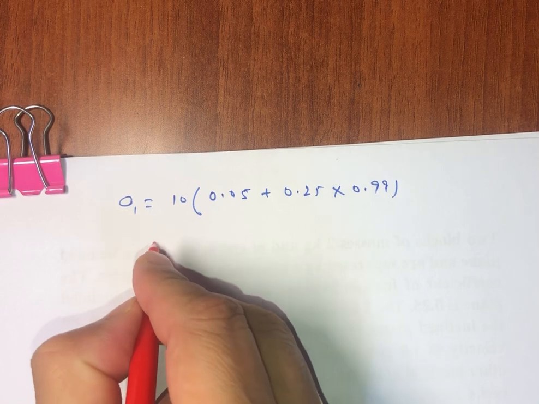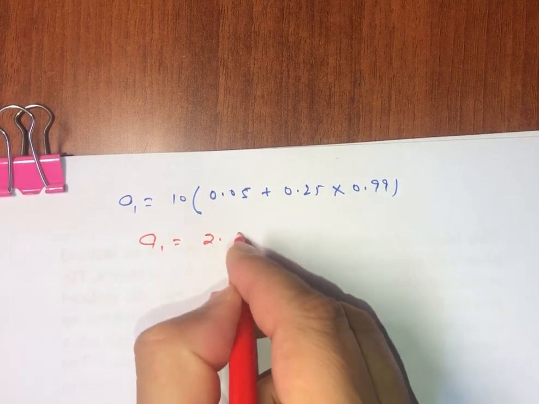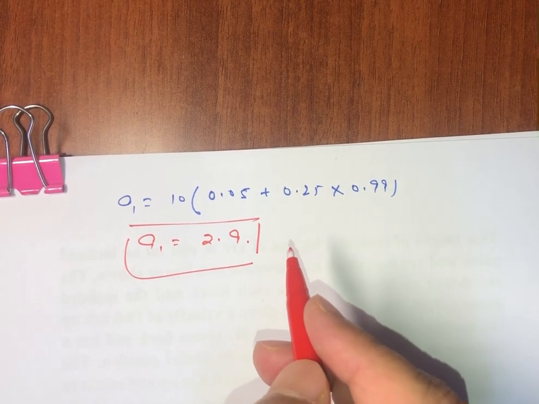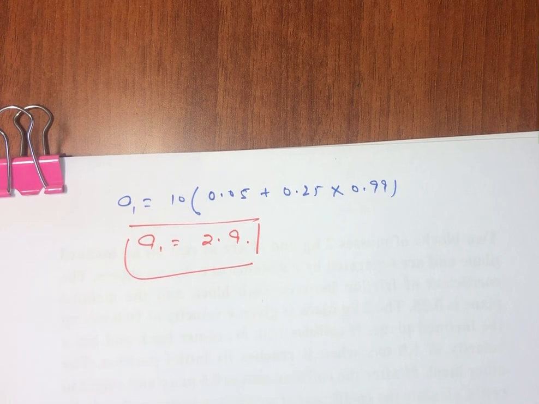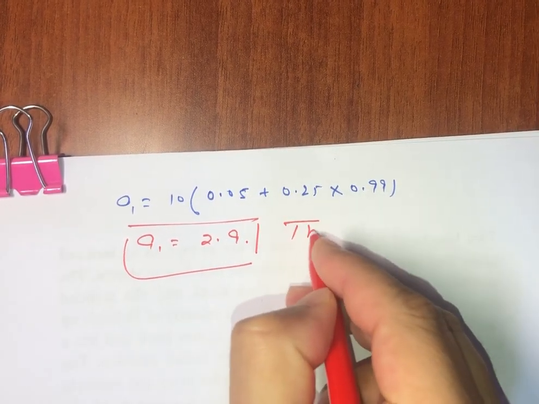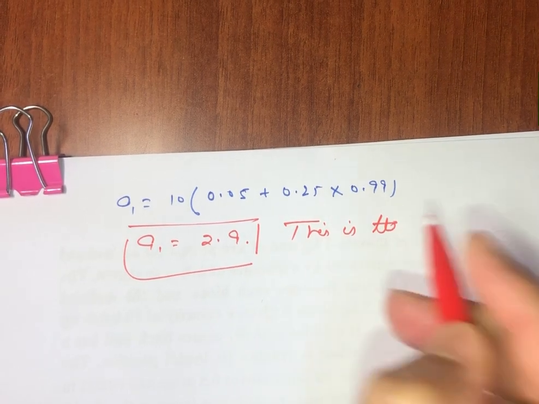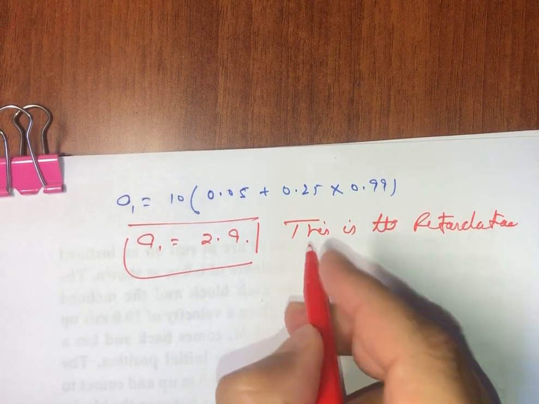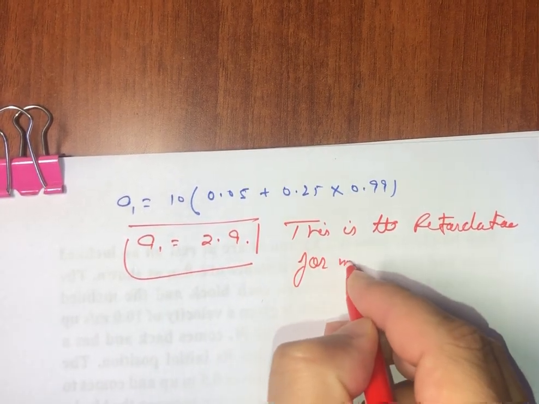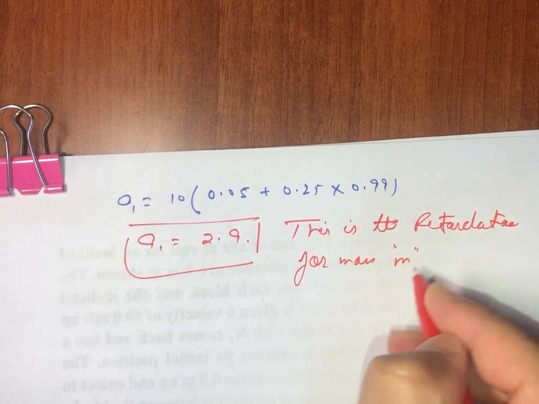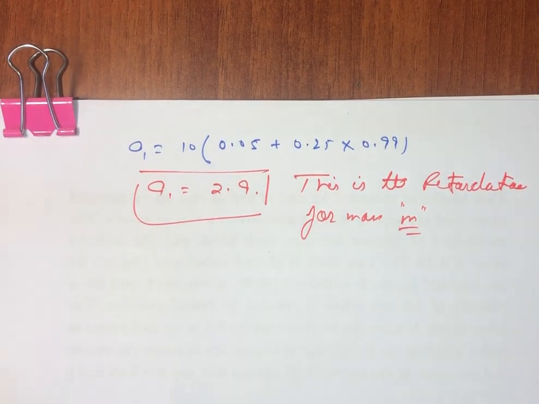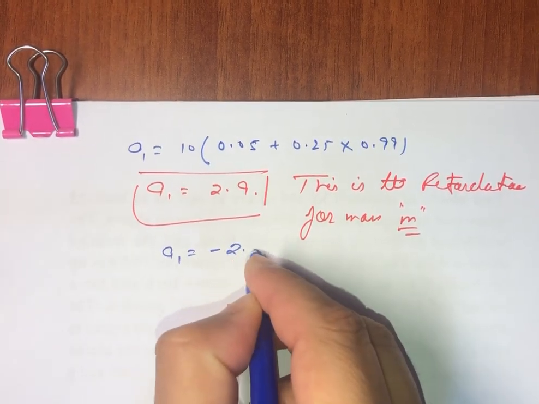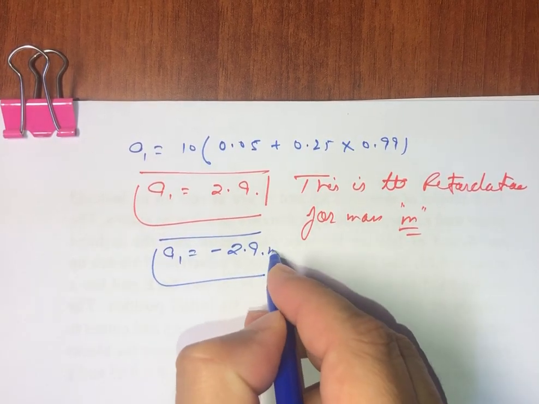So a1 is equal to 2.9. But because of the friction, this acceleration is nothing but a deceleration. So this is the retardation for mass small m. Therefore a1 is equal to minus 2.9 meter per second square.